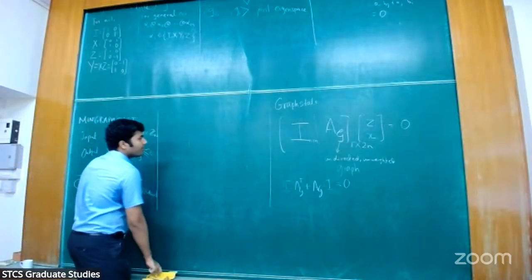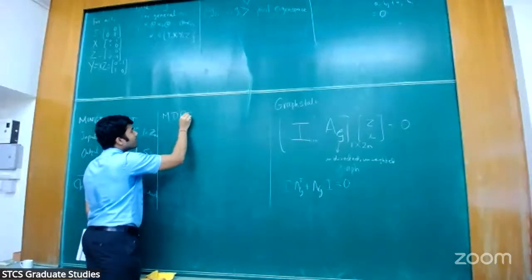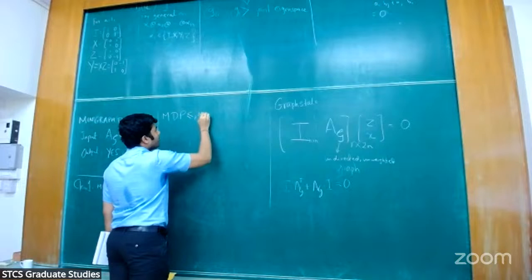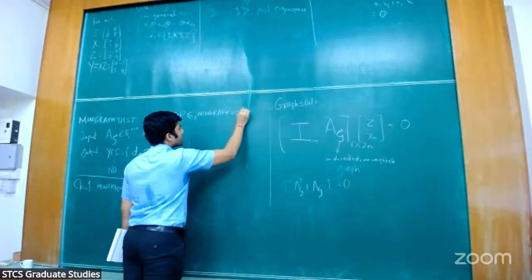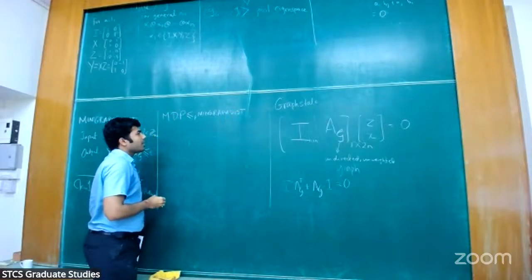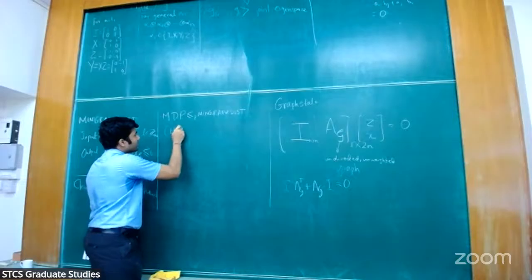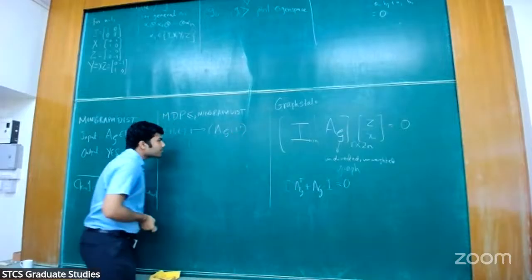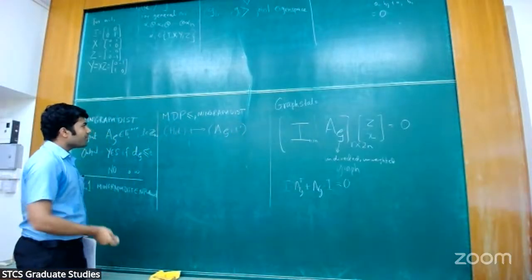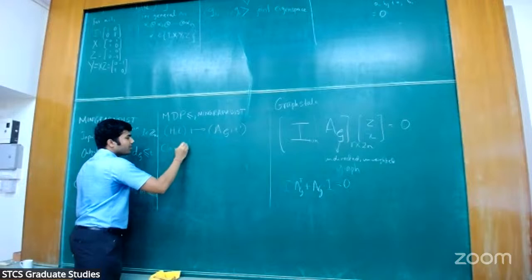In other words, we want a reduction from the minimum distance problem to this min graph distance problem. We want to convert every instance H comma T to an instance S comma T. Before proving this, let me first look at a promise version of this problem.